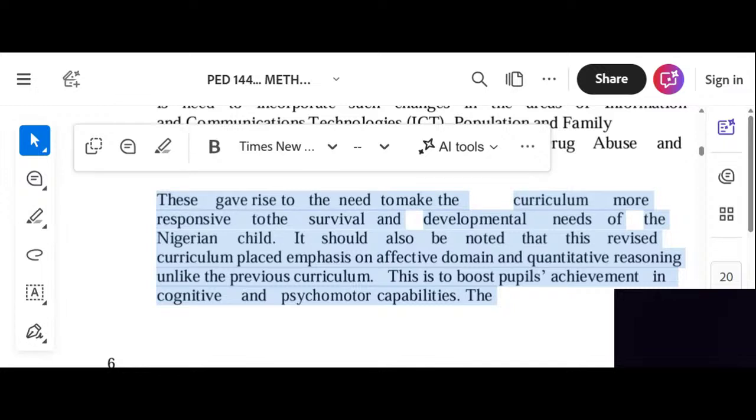They also talked about the psychomotor domain, and you know that when we talk of psychomotor, based on the way it has been used in the different materials we've studied before, it is the aspect of life that has to do with practical and physical skills. In mathematics, we are talking of things like using rulers to measure the length of something, using compasses and protractors.